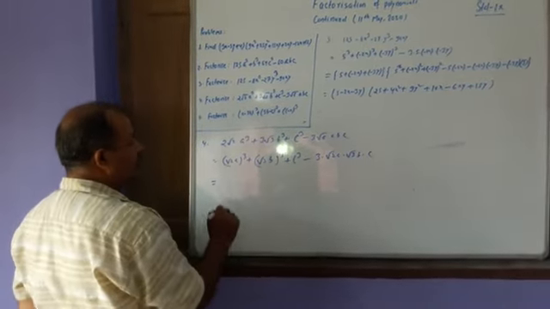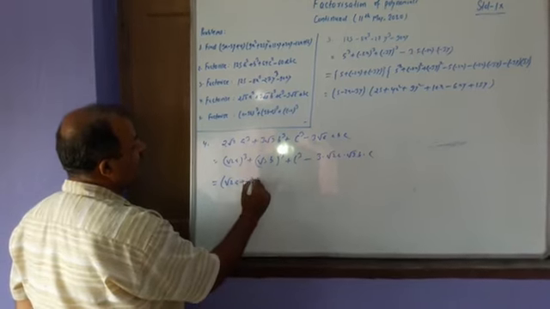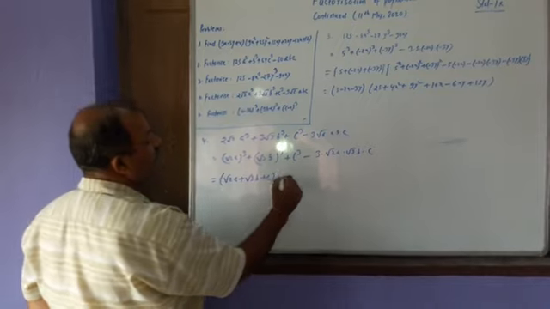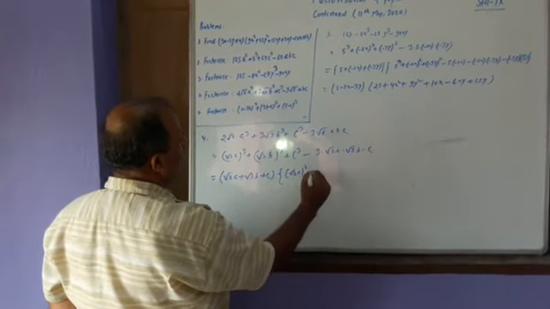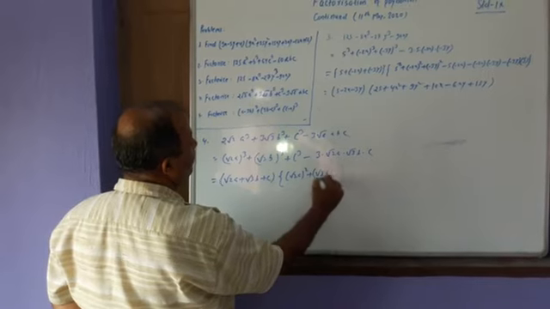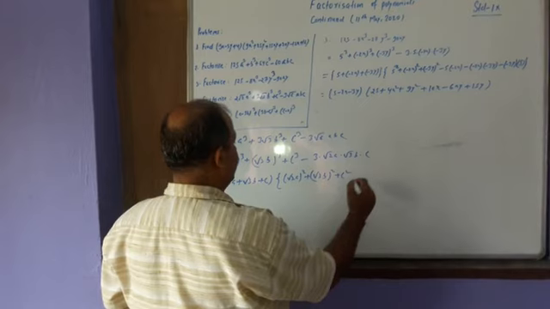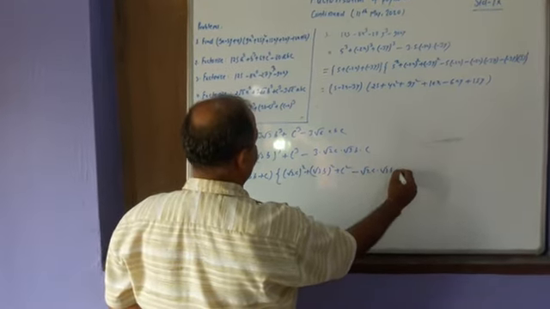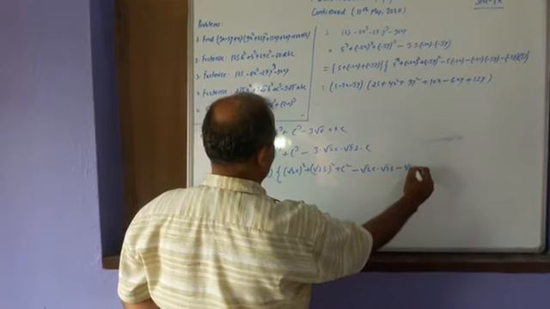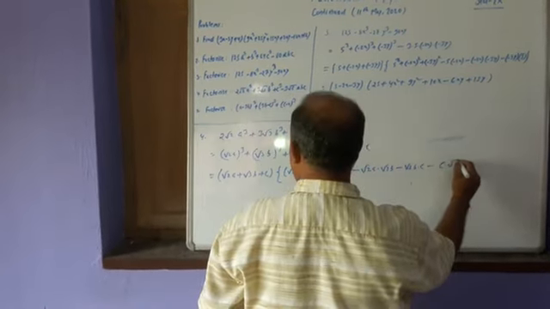Now we have to apply the identity which will give root 2a, root 3b plus c into a square of root 2a, a square of root 3b plus a square of c, minus ab, that is root 2a into root 3b, minus bc, root 3b into c, minus ca, that is c into root 2a.